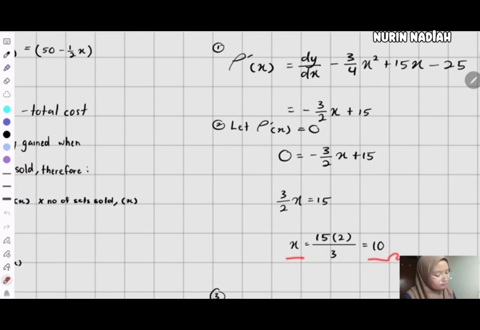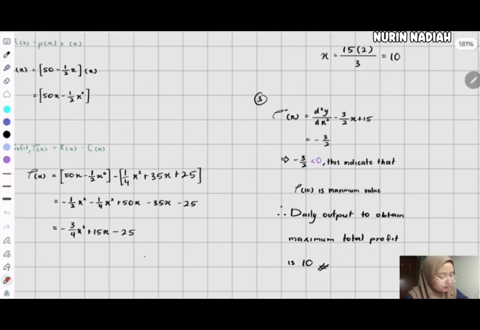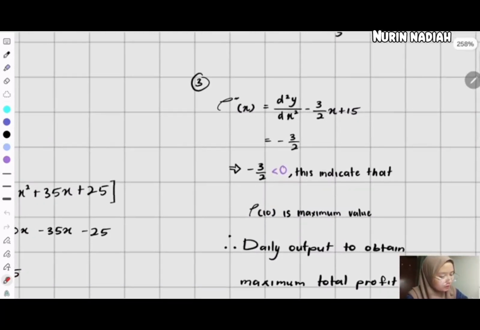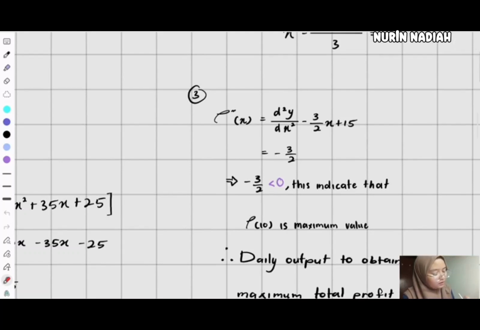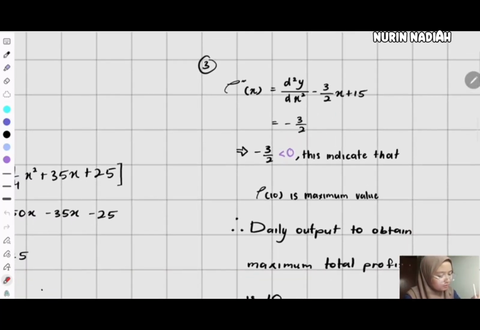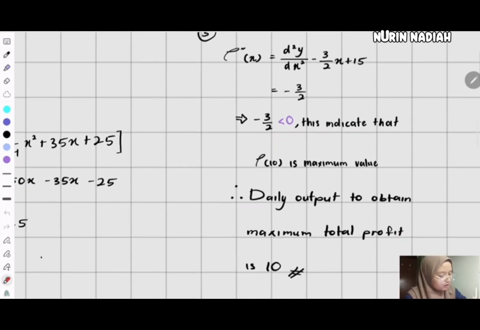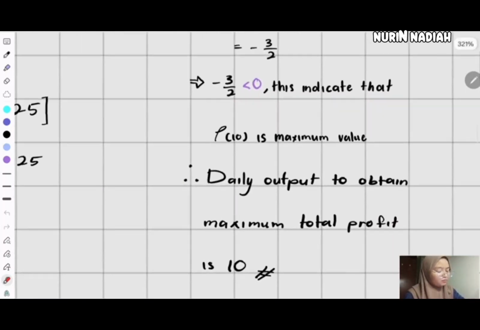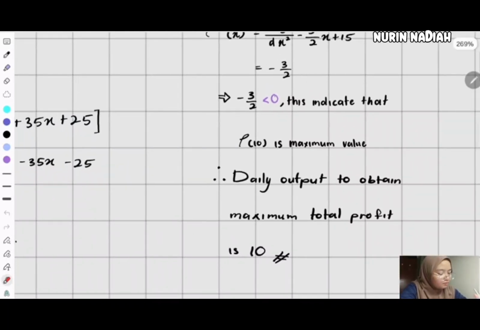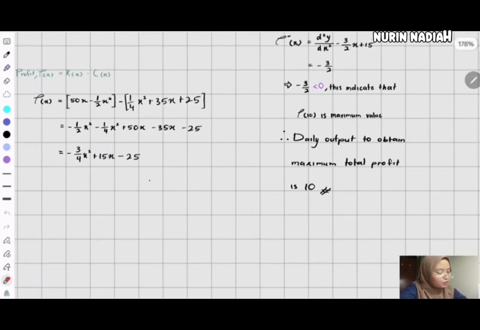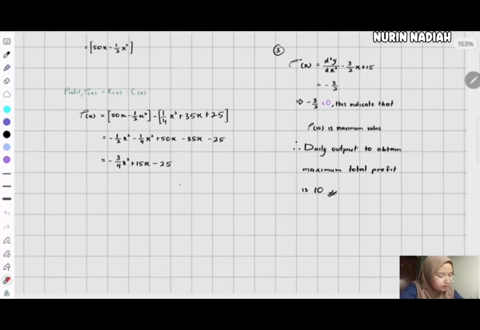So we get 10. And then we do the second derivative, which we will get minus 3 over 2. Since minus 3 over 2 is less than 0, this indicates that P(10), profit at 10, is the maximum value. So the daily output to obtain maximum total profit is 10.